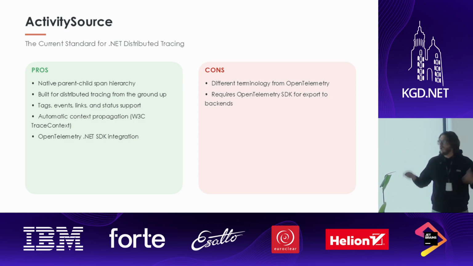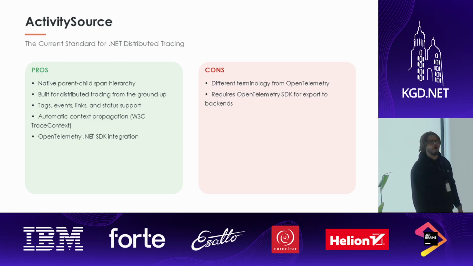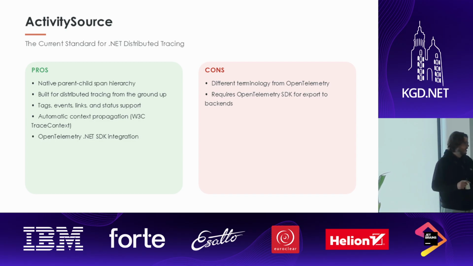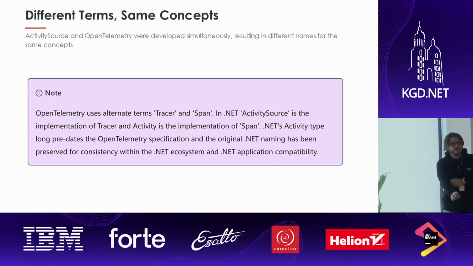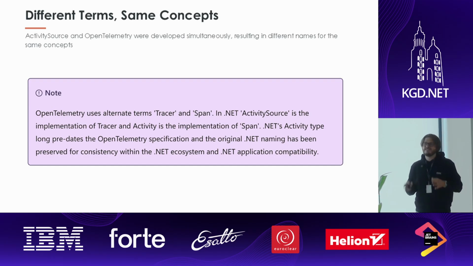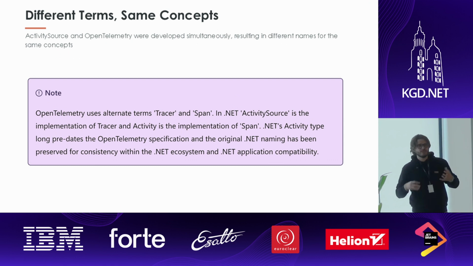Here, we are able to create a hierarchy for our spans. It works well. It has all the abilities which OpenTelemetry has, but it has different naming. Due to the fact that Microsoft decided to create this library at the same time when the OpenTelemetry protocol was created, and they moved together, they started to use a different naming convention.